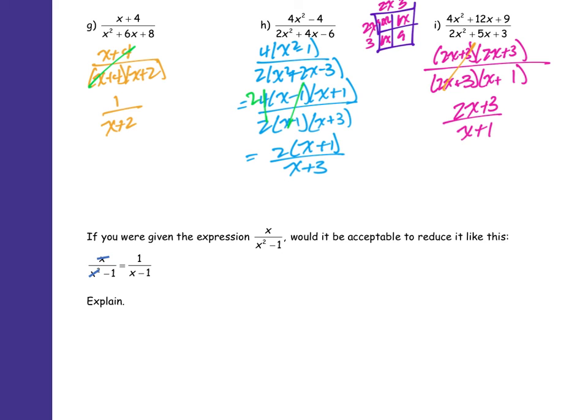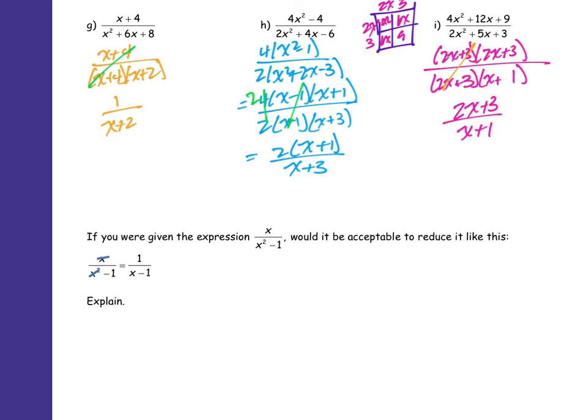So what have we been doing the whole time? Before we start canceling anything out, what do we do? Factor. So does anything in this equation factor? Yes, the bottom factors. What does it factor to? It's x plus 1 times x minus 1.